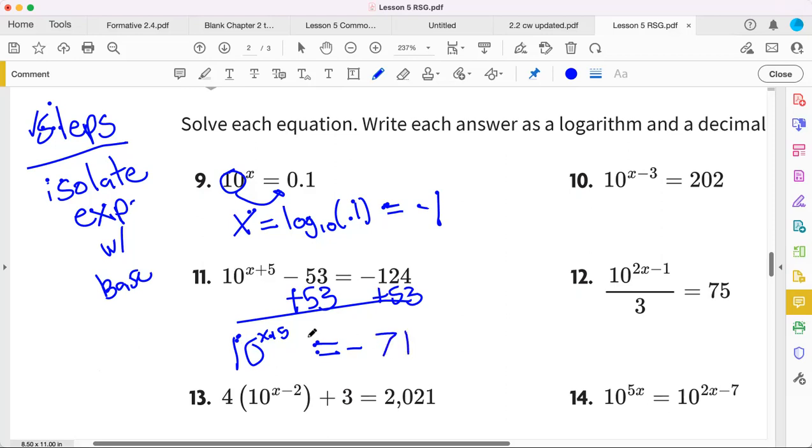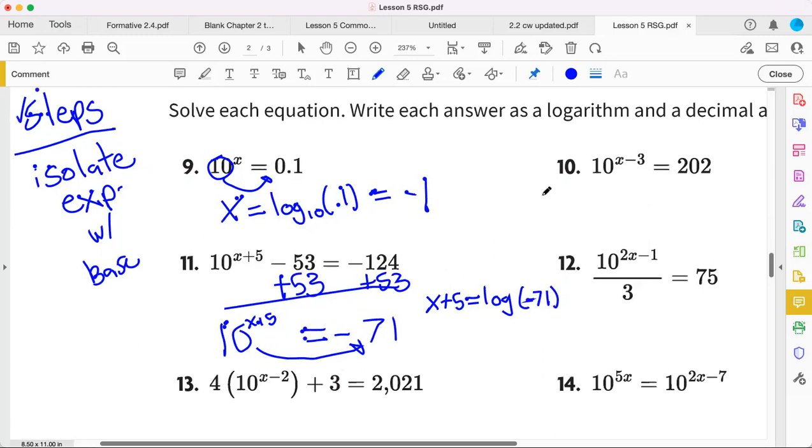So now that our exponential side is isolated, it's on its own, go back to log form. So this should now say that x plus 5 equals log -71. Remember, keep it negative.